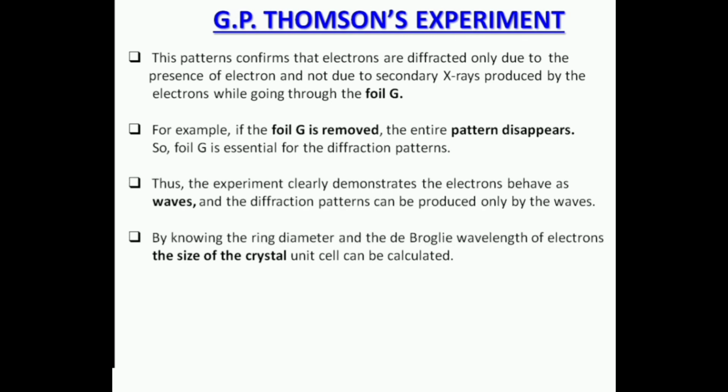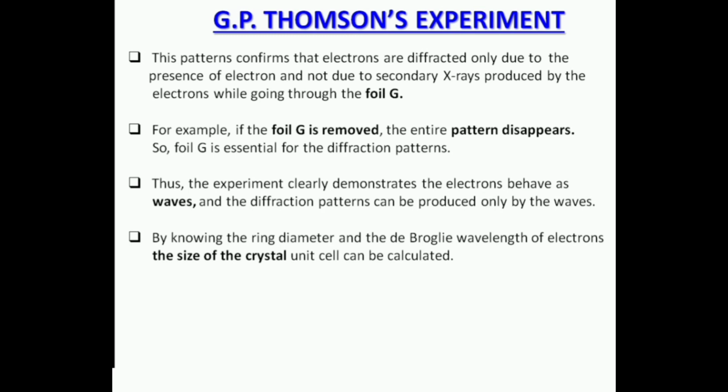This pattern confirms that the electrons are diffracted only due to the presence of electrons and not due to secondary X-rays produced by the electrons while going through the foil G. For example, if foil G, the target material, is removed, the entire pattern disappears. So foil G is essential for the diffraction pattern. Thus the experiment clearly demonstrates that electrons behave as waves, and the diffraction pattern can be produced only by waves.